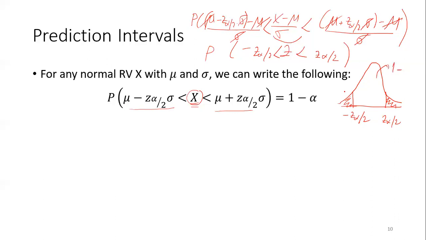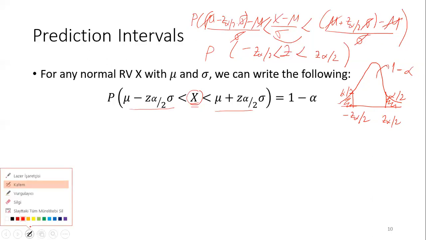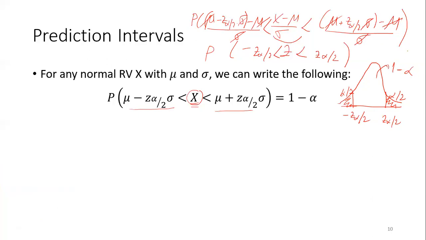So the probability that your standard normal random variable is between minus z alpha over 2 and z alpha over 2 is equal to 1 minus alpha.